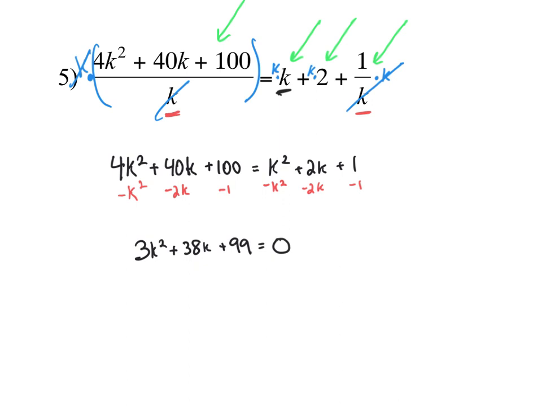Now here's what I'm going to do. I'm going to see if all of these factor by 3, because if 3 is the greatest common factor, that would be super awesome. I know 3 and 99 are. What about 38 divided by 3? It's 12.6. It's not a factor of 3. That's no fun. Okay, well, that was a good shot to try.